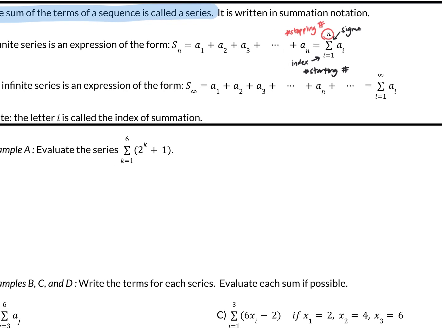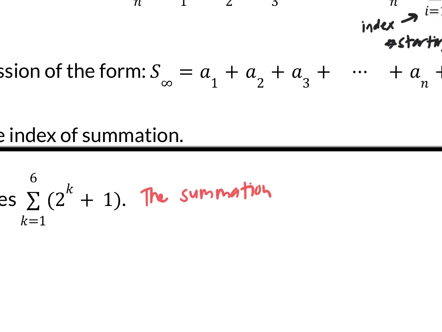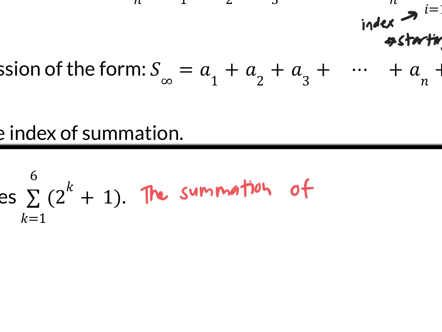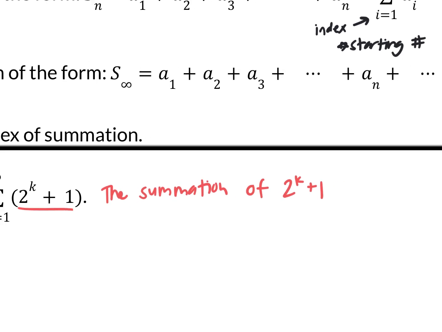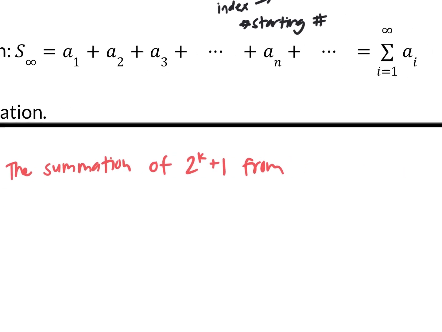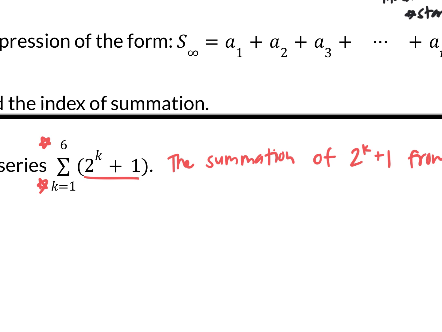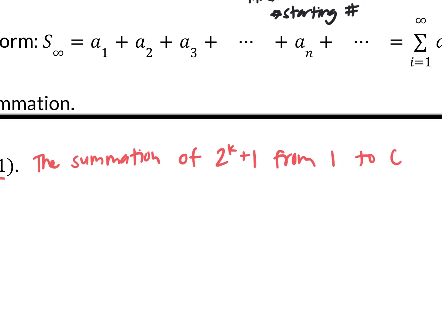If I was saying this out, this would be the summation of our sequence here, which is 2^k plus 1, from k equals 1 up to 6.